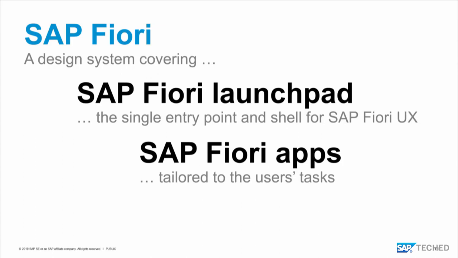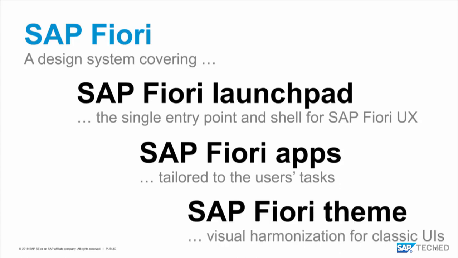Those are apps tailored to specific tasks of a user or to a specific use case. But we also have a Fiori visual theme, which is a refreshed, consistent visual experience for classic UIs, meaning GUI transactions and WebDynpro applications. All of this together is what we name Fiori for S/4HANA.